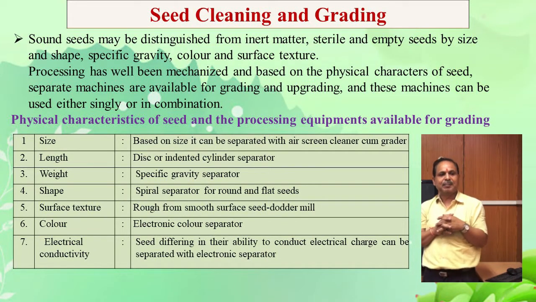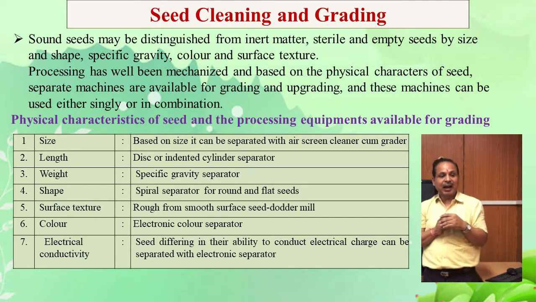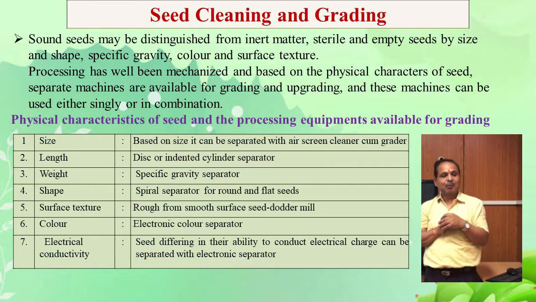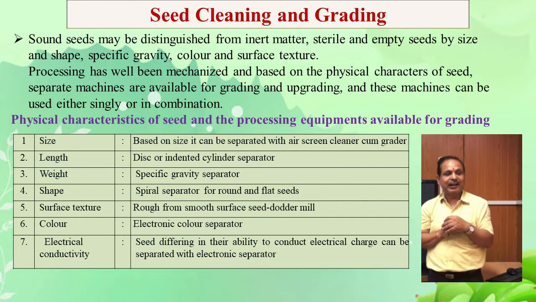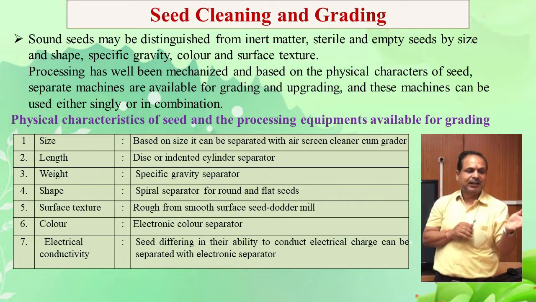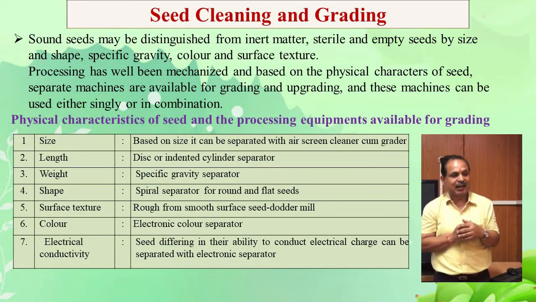For grading and upgrading, these machines can be used either singly or in combinations. So physical characteristics of seeds and the processing equipment are available for grading by size, length, width, shape, surface. Different equipment is available at the seed processing plants. For example, in case of length, disc or indented cylinder separators are available.